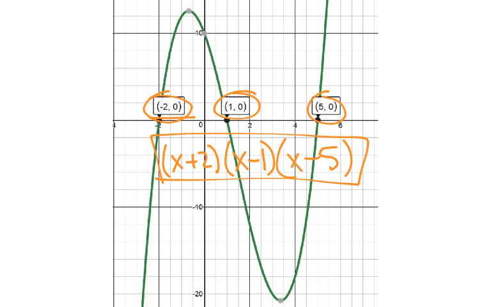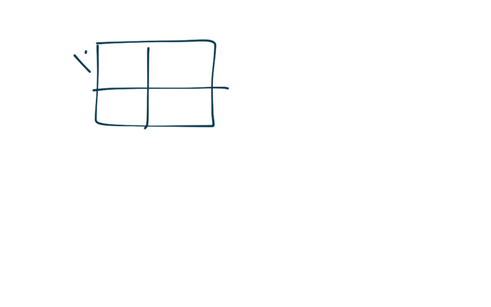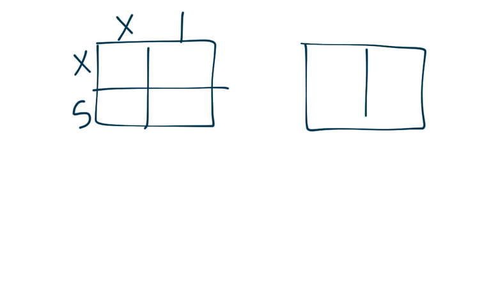So let's give us a spot to do that. And we're just going to use that area model to multiply things out. So let's do it twice. First, x plus 5, x plus 1, right? Then we'll do our second one, x minus 7, x minus 3.